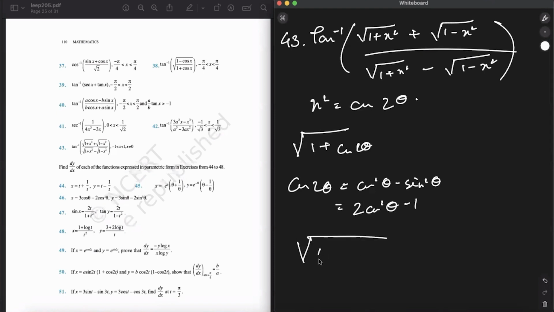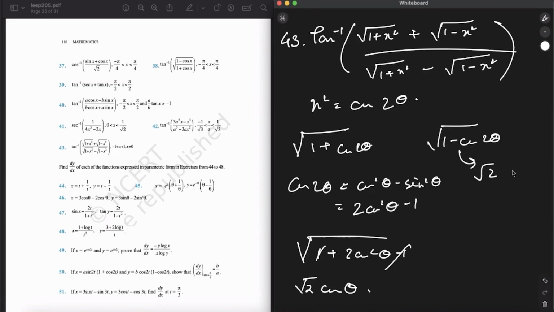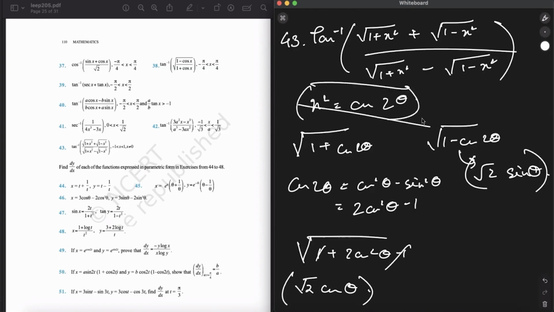So in under root 1 plus 2 cos square theta minus 1, I'll be left with under root 2 cos theta. And similarly for under root 1 minus cos 2 theta, this will give me under root 2 sin theta. Got this? That is why I've chosen this.